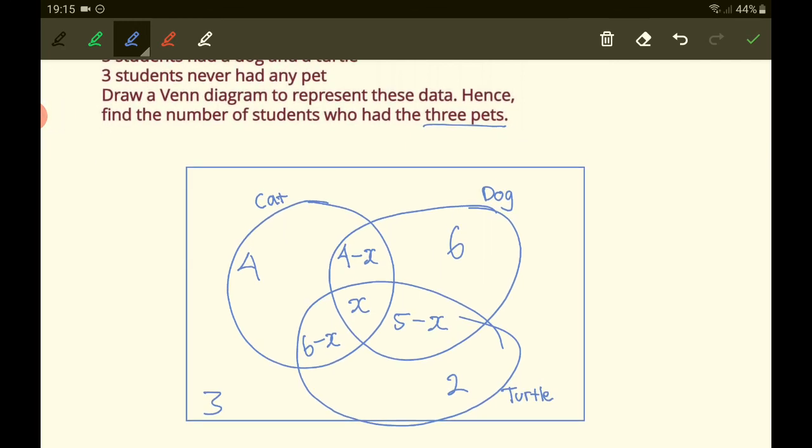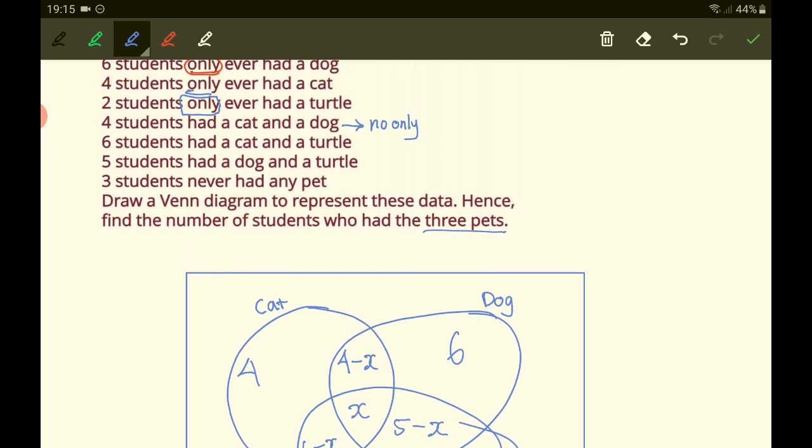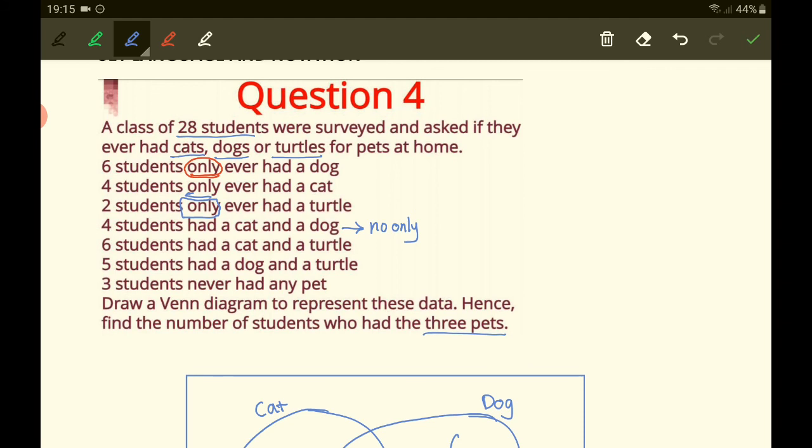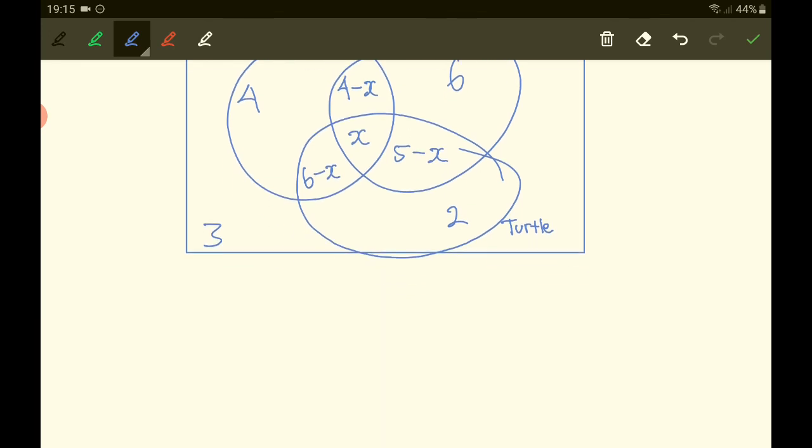Yeah, had no pets. Okay, so now it's time to see here, because the total student in a class is 28 students, so we can just sum them all. So you can say it like this.